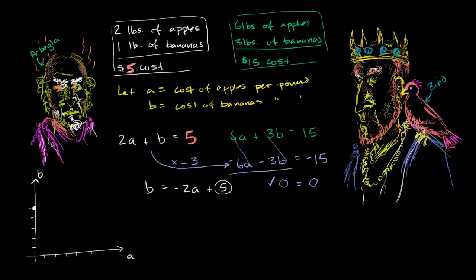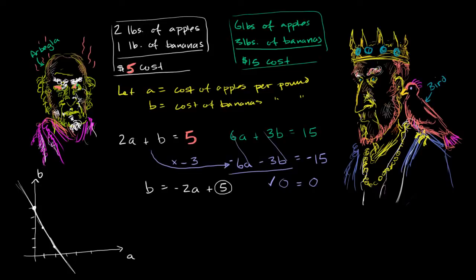Every time you add 1 to a, if a goes from 0 to 1, b is going to go down by 2. So this first white equation looks like this. If we graph the solution set, these are all of the prices for bananas and apples that meet this constraint.